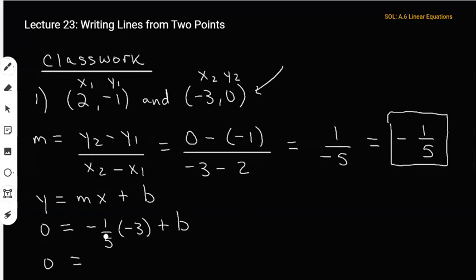When I multiply these two numbers together, I'm going to get +3 over 5 plus b. So then if I subtract 3/5 from both sides, I'm going to get b is equal to -3/5. That's going to be my y-intercept.